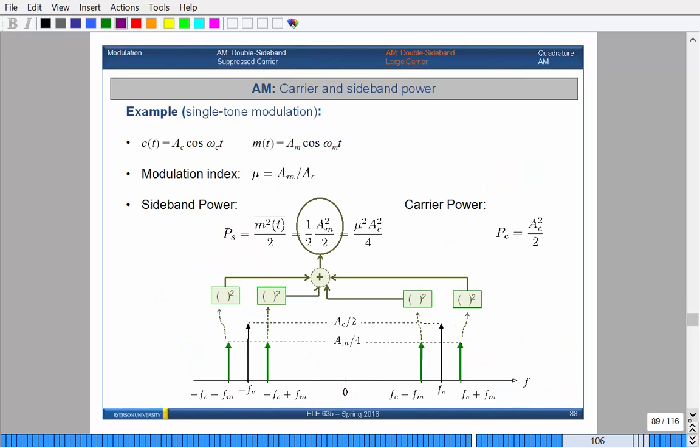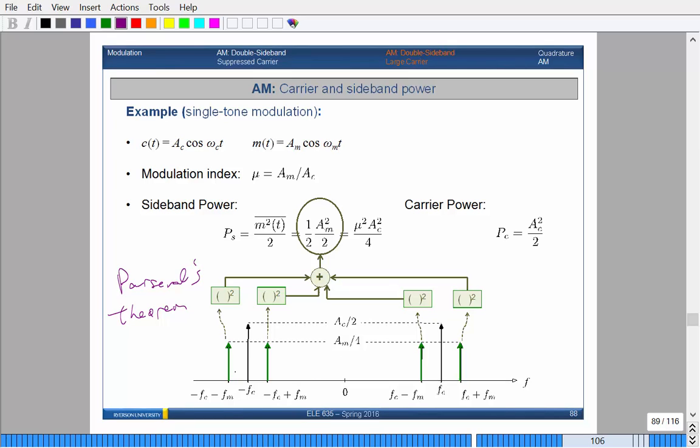I got a couple more slides and we're done. All right. So the modulation index is the case. So this is the sideband power, and this is what is known as Parseval's theorem. If you take the Fourier transform and square up all the amplitudes, it equals the actual power itself.